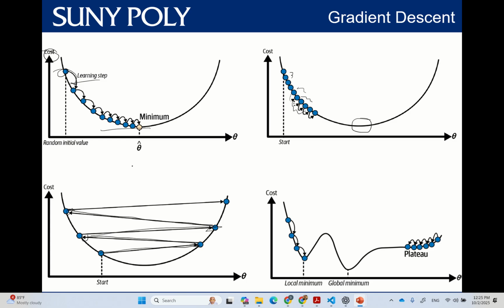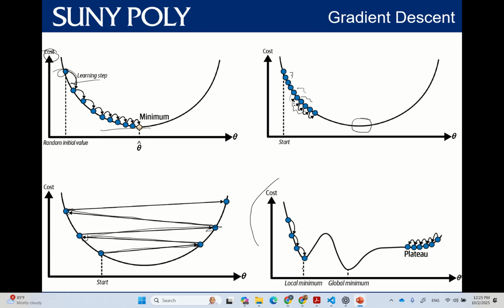So we need to find a balance. We need to choose the learning step to get a good solution or an optimal solution within a reasonable time. Because here there are two key parameters, the learning step and the number of iterations. Now, a more challenging thing is when we have a nonlinear function, like this one, right here.